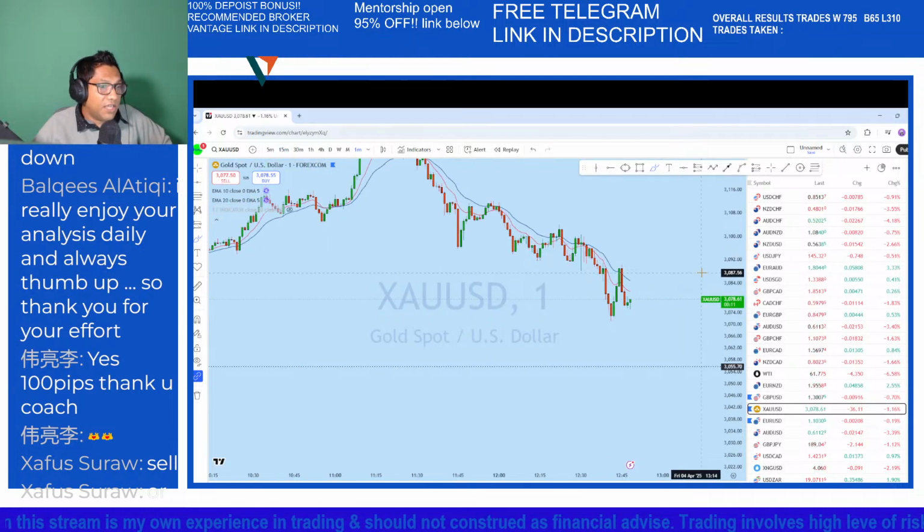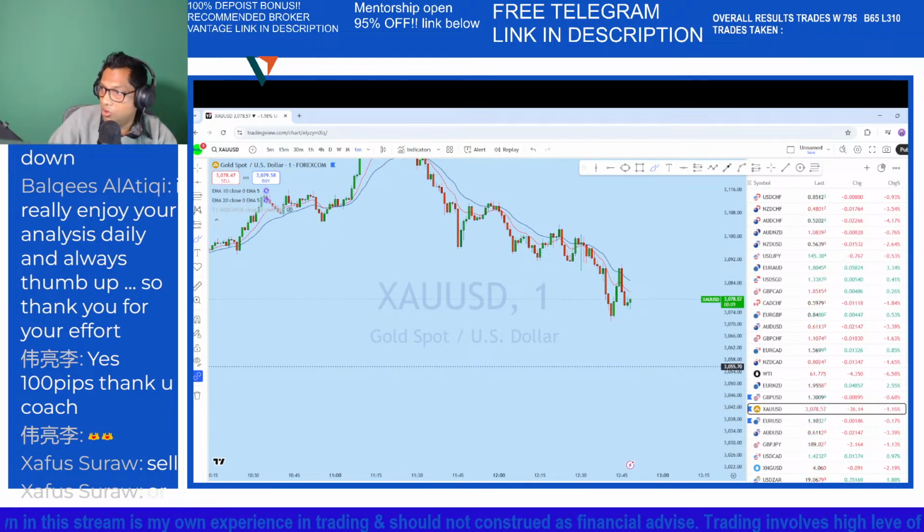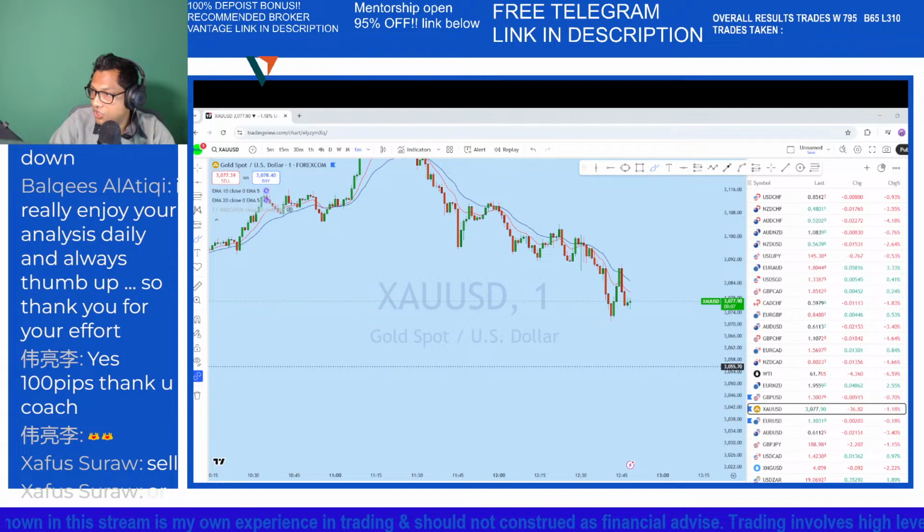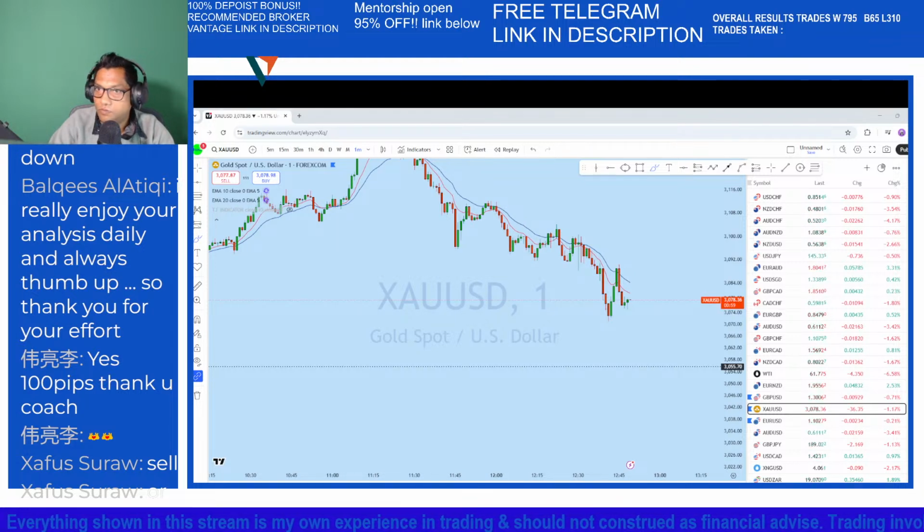From the 1 minute, therefore, there should also be the same kind of price action formation on gold. If you look at the 15 minutes, you can see it's also the same bearish price action. And therefore, on the lower time frame and the higher time frame, we could see that the same kind of price action pattern is being formed.